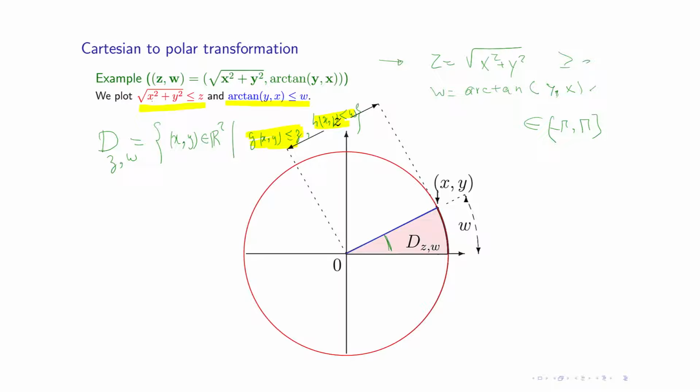The first one is all those points that satisfy the square root of x squared plus y squared being smaller than or equal to z. If z is negative, this set is going to be empty, and consequently D_ZW is going to be an empty set.